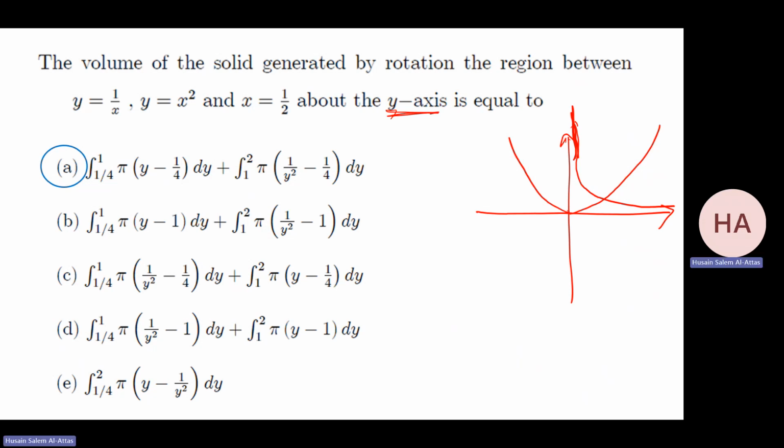How will x equals half cut it? By the way, let me see what the point of intersection is. I have x squared equals 1 over x, so x cubed equals 1, so x equals 1. So that point is 1.